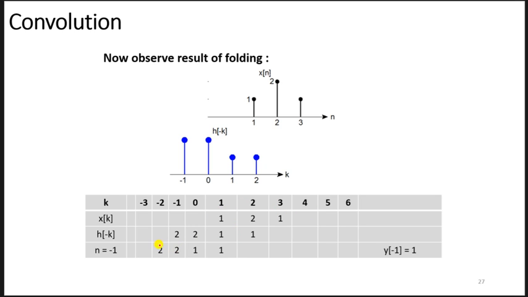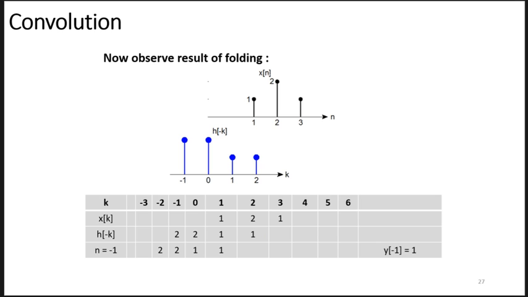H minus K must multiply with all of these signals. Here, if you see this part, one is not multiplied with the one over here.